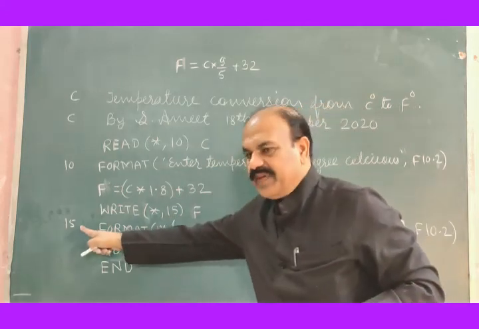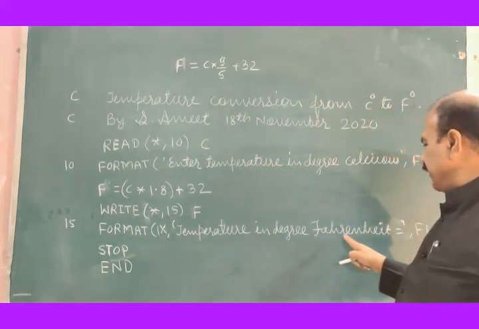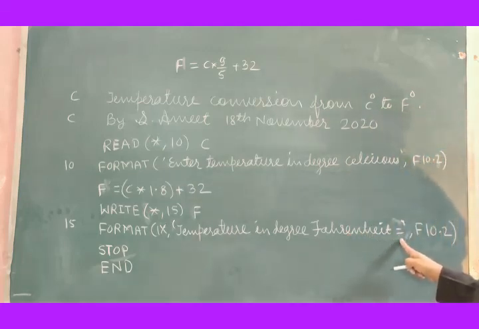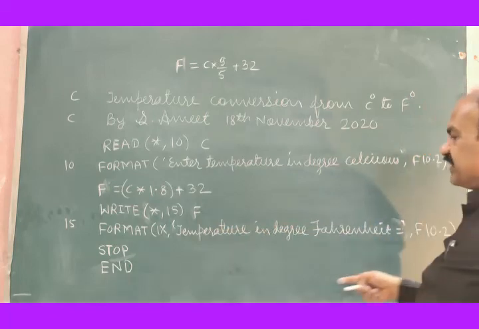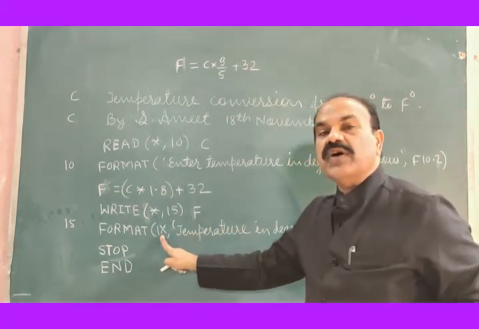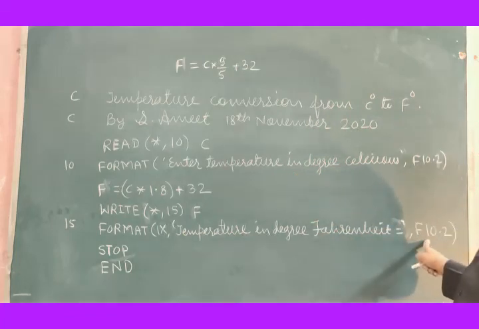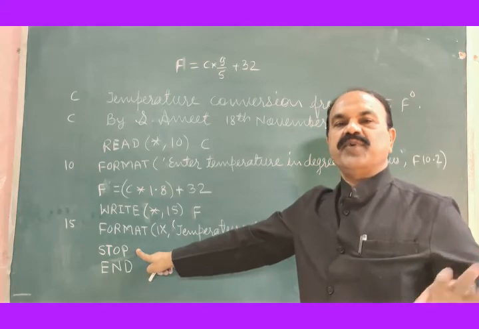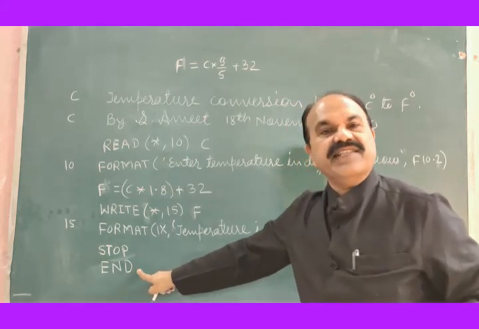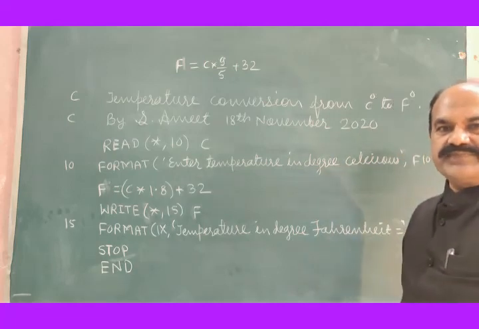What is format 15? This one: format 1x, 'Temperature in degree Fahrenheit is equal to', in single quotes, it will be printed as it is. First column will be skipped. F is printed in this format, F10.2. Stop terminates the program, and tells the computer that this is the last statement of the program.